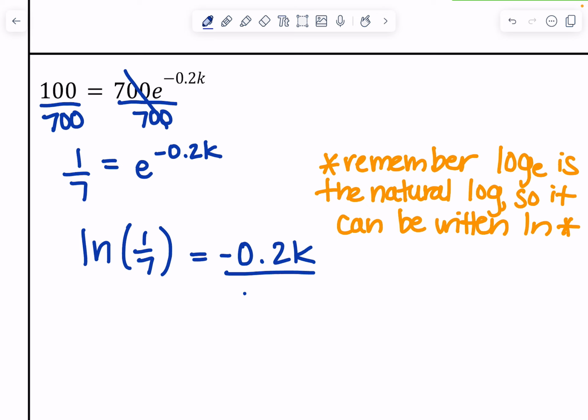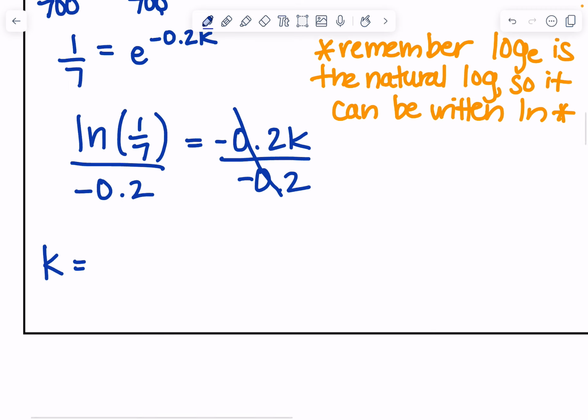All right, I'm going to divide by negative 0.2, divide by negative 0.2. So I have that k is equal to, and right here, it's not a huge deal, but if I divide by negative 0.2, that gives me a 5. Sorry, a negative 5. ln of 1/7.